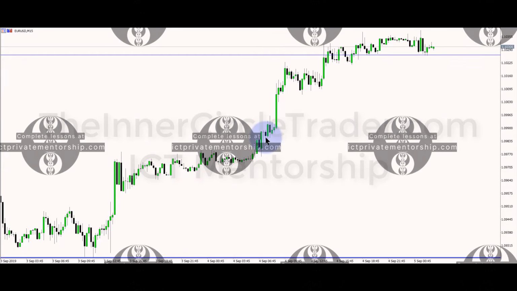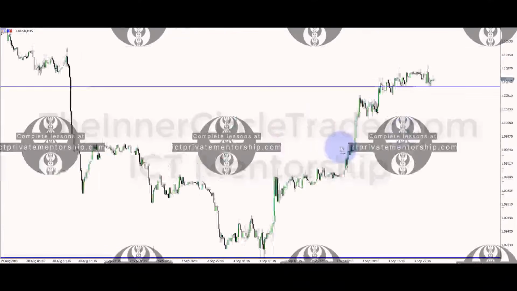Now the difference between institutional order flow and interbank order flow, we have to zoom back out a little bit. Interbank order flow is where we have the imbalances here. We have a buy side imbalance, sell side inefficiency. So all of this creates a gap.